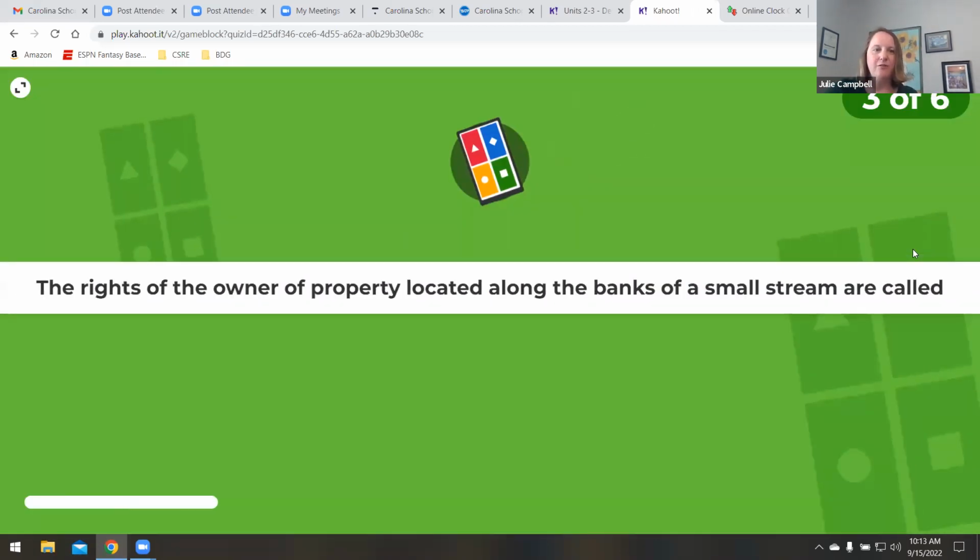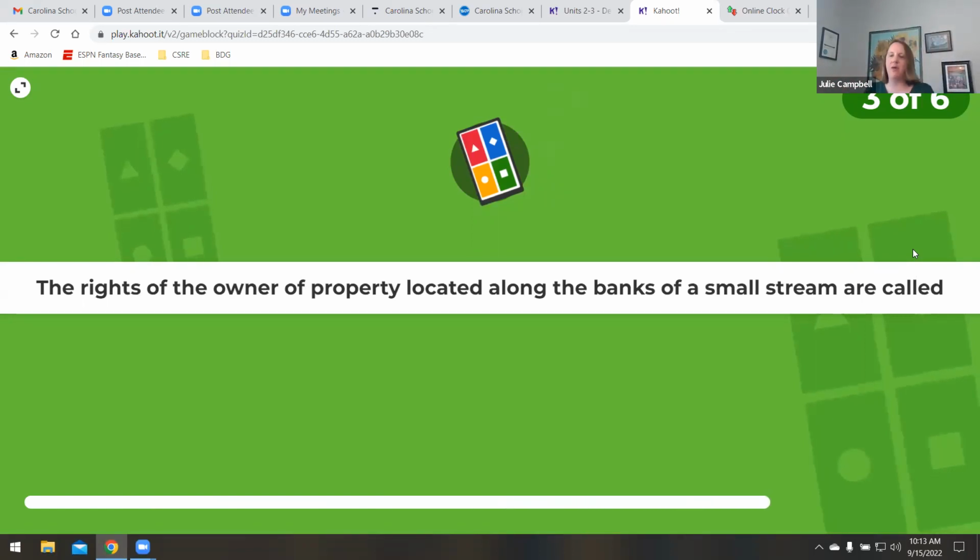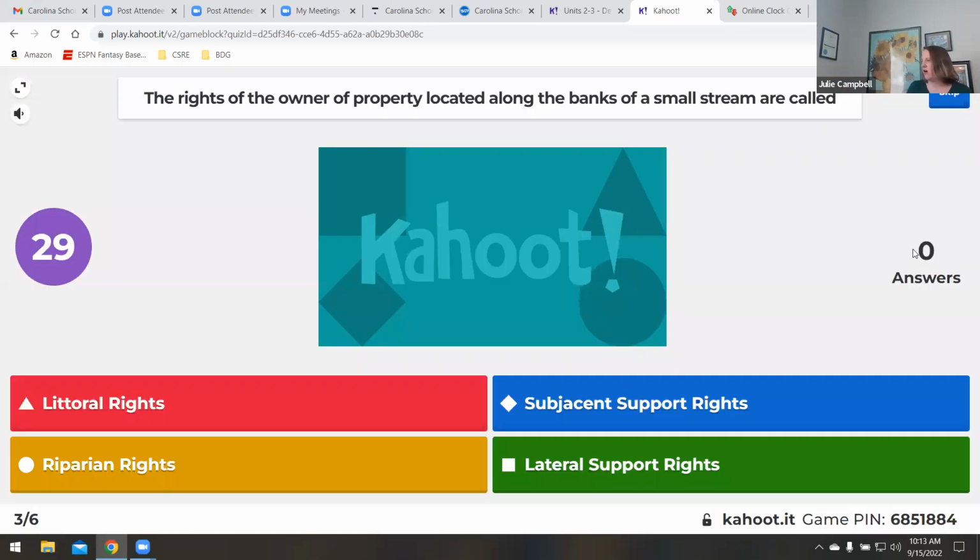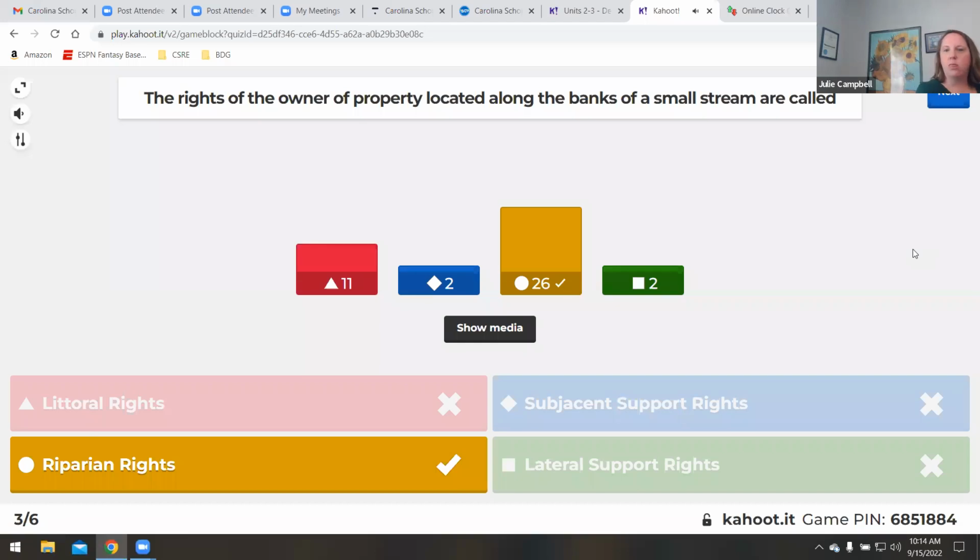Question number 3. The rights of the owner of property located along the banks of a small stream are called riparian rights.